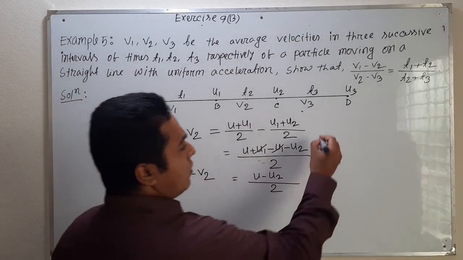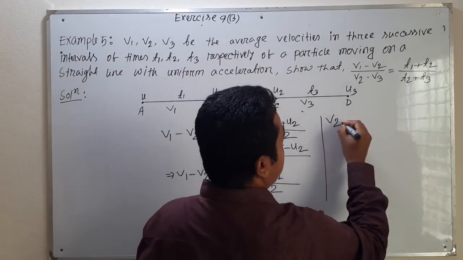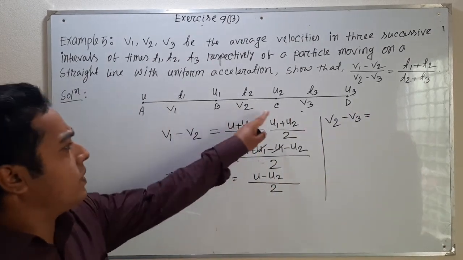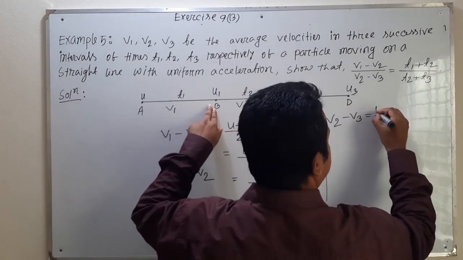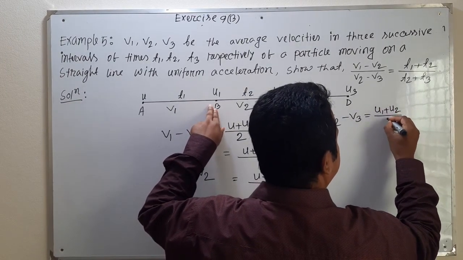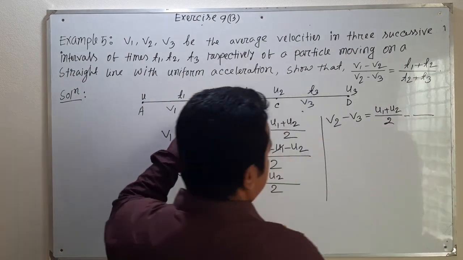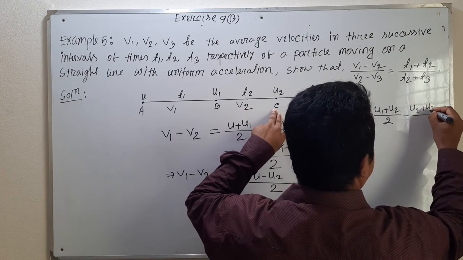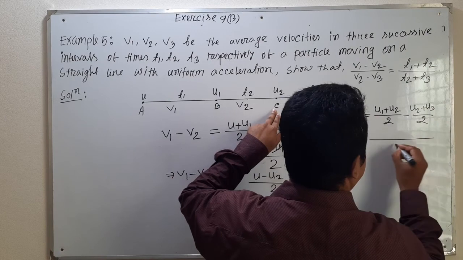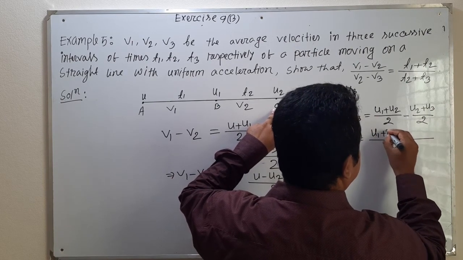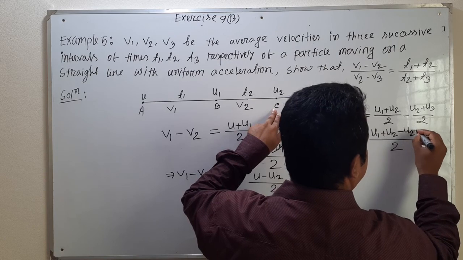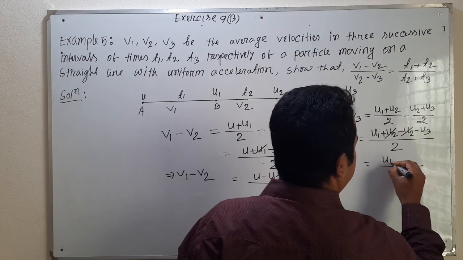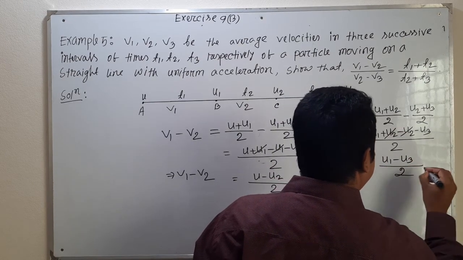Okay, now V2 minus V3 is equal to, V2 is the average velocity for BC, u1 plus u2 divided by 2, minus V3, the average velocity for CD, u2 plus u3 divided by 2. So u1 plus u2 minus u2 minus u3, then u1 minus u3 divided by 2.